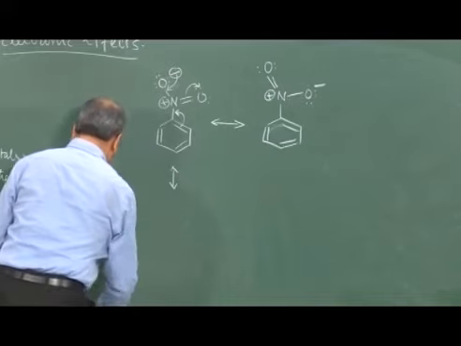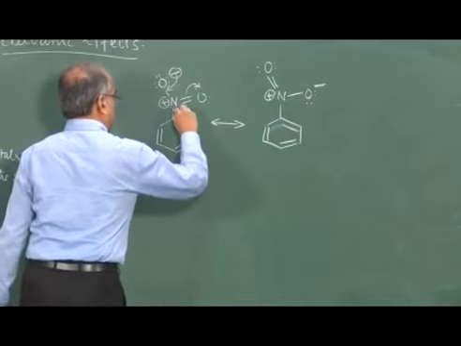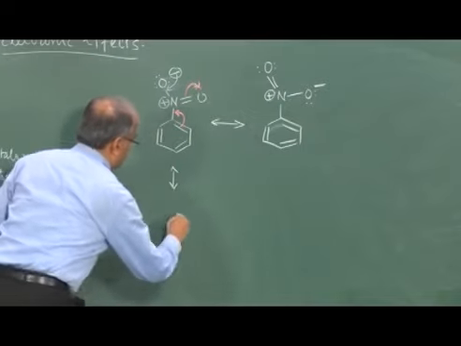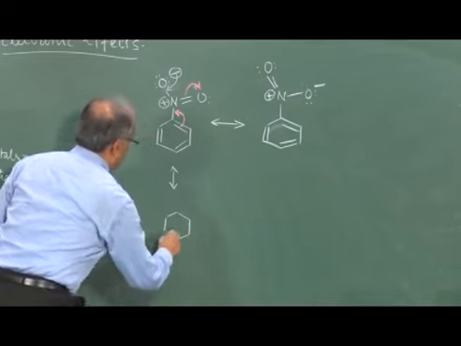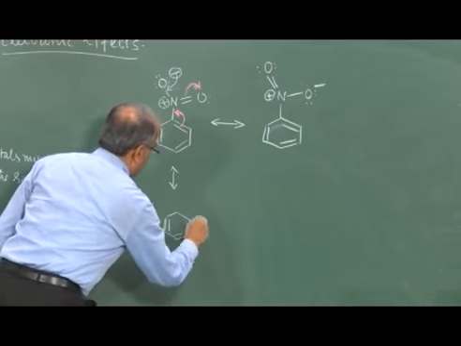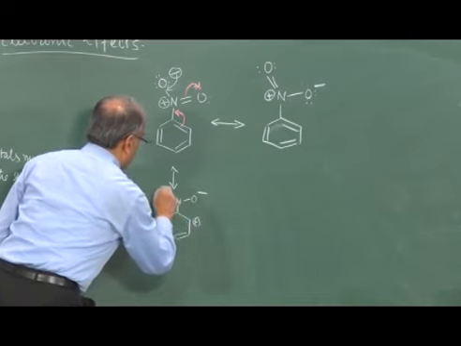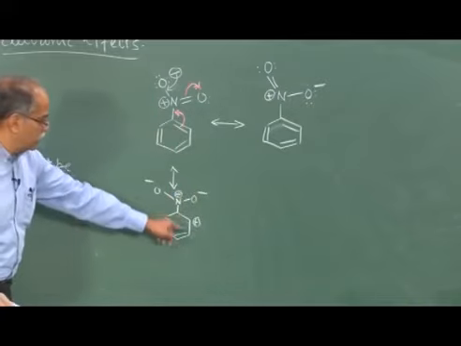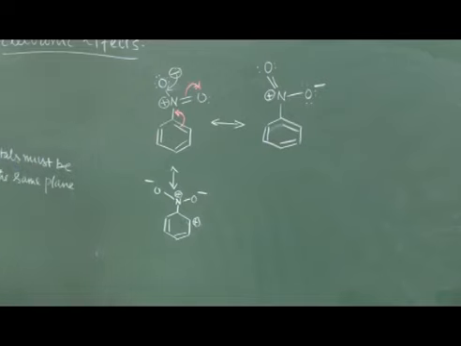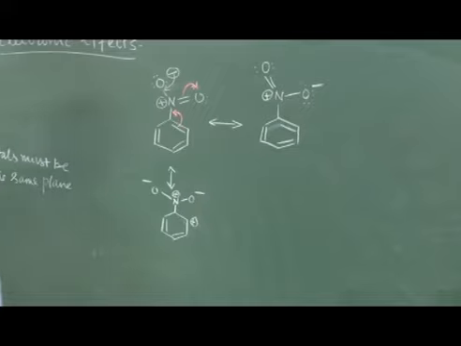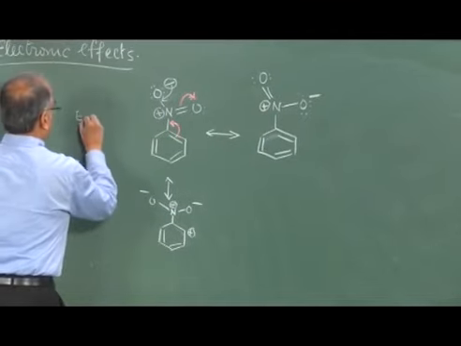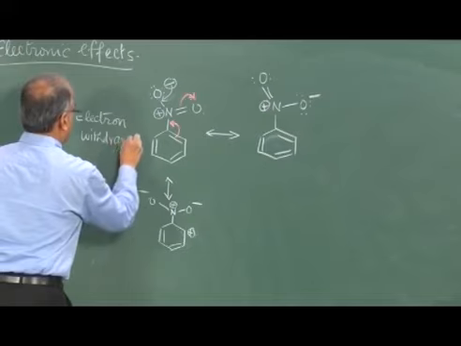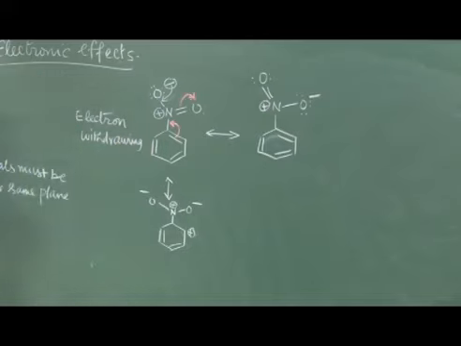So, that particular structure, if you follow the arrow which is indicated by the red chalk here, the delocalization of the pi electron from the ring essentially creates a positive charge on the ring and the negative charge on the oxygen, because the nitro group is an electron withdrawing group. Here the nitrogen is electron donating.